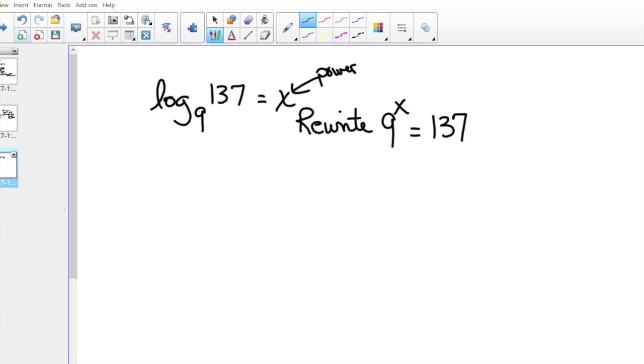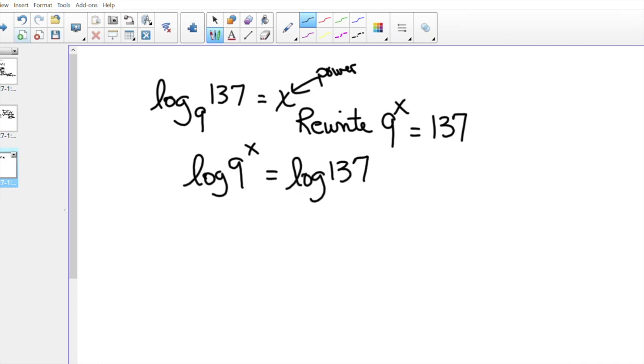So we're going to use the other strategy of using Mr. Napier's logarithms. He said if you're looking for the x, you would write the log of 9 to the x power equals, and if you put log in front of the 9 to the x power on the left-hand side, you have to put the log in front of 137.